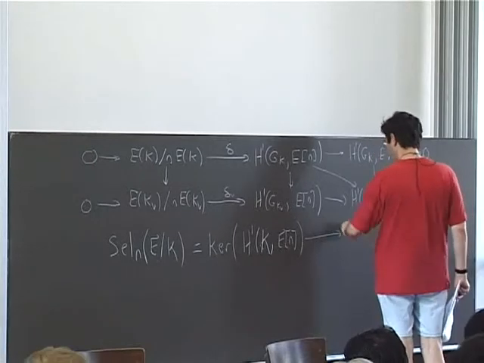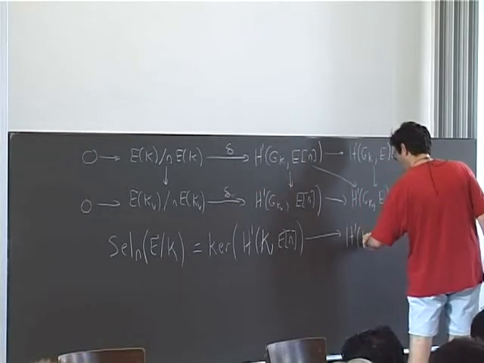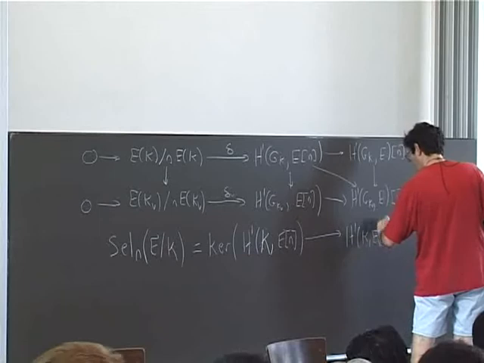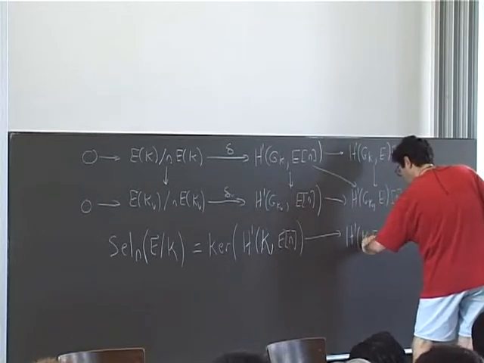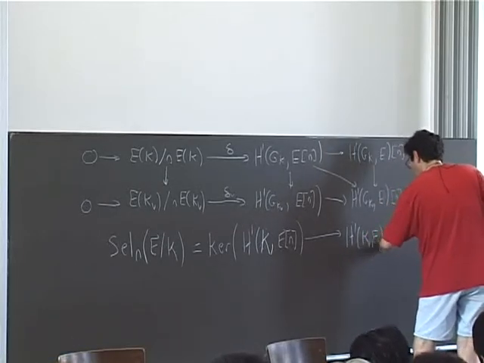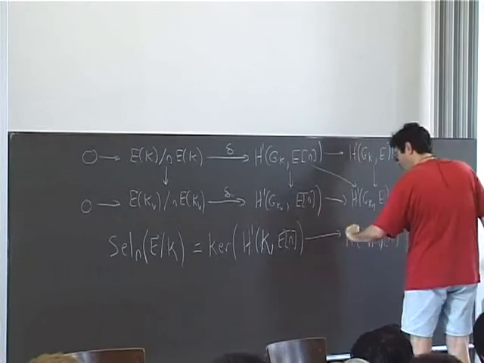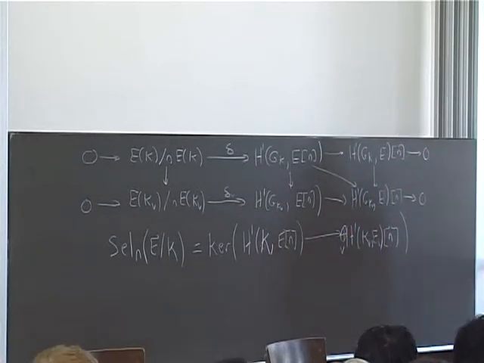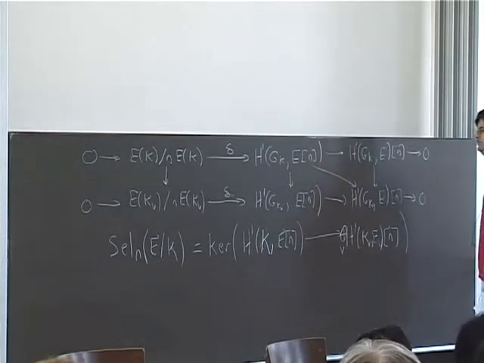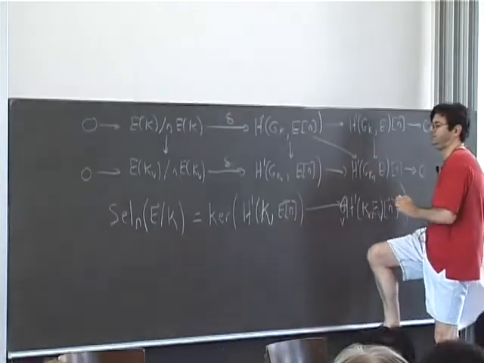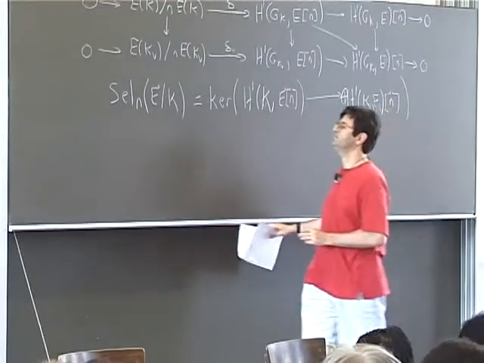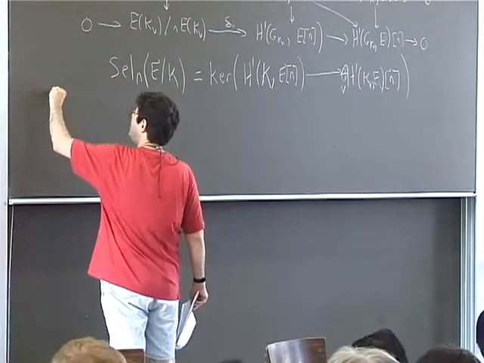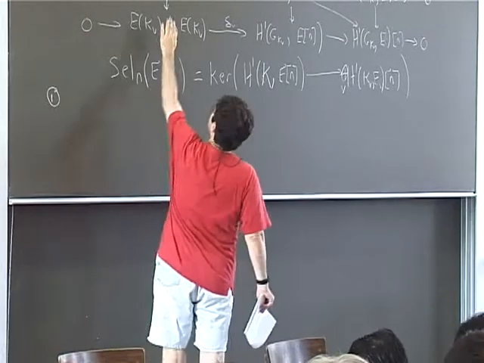The natural map to H1 of K_v with values in E, where I take the direct sum over all v. So then there are two stages in showing that this group is finite.